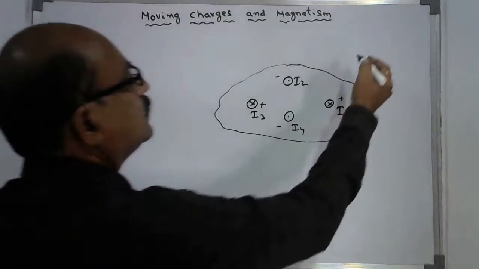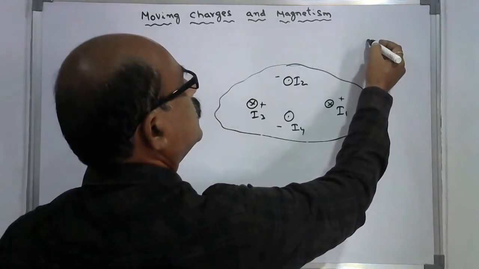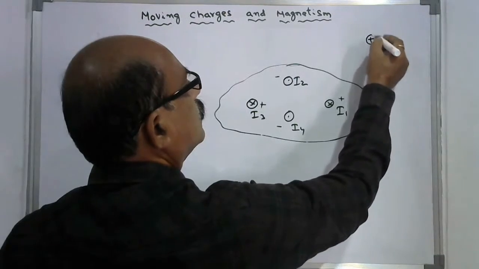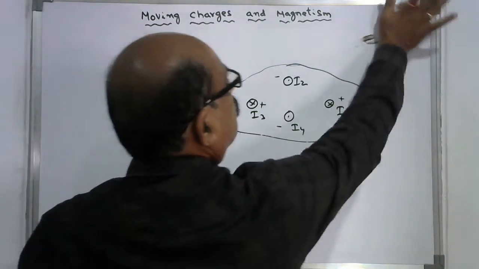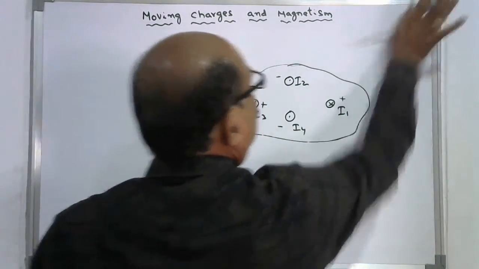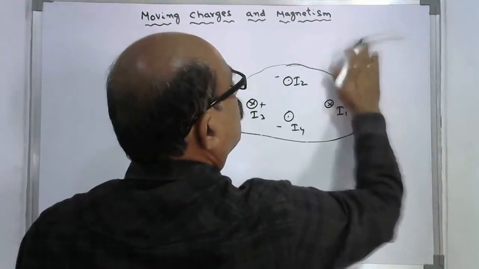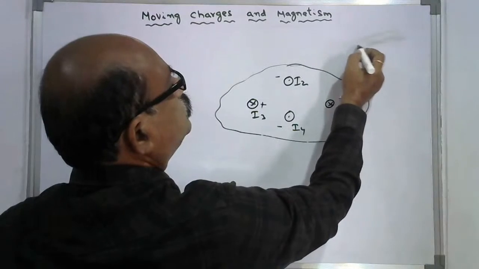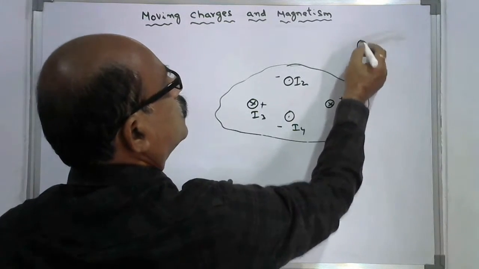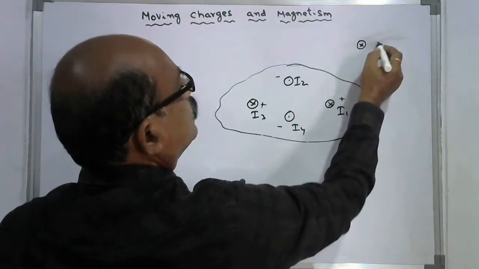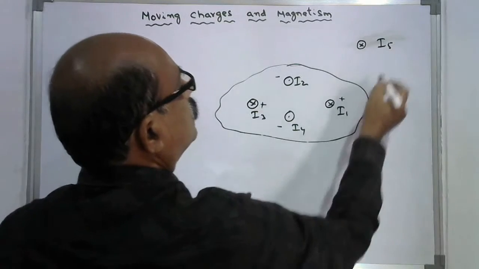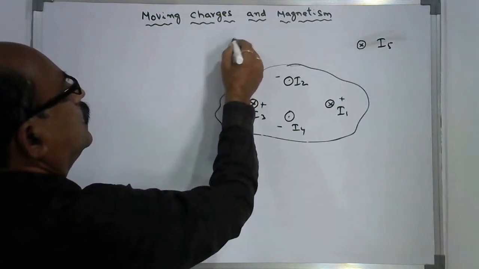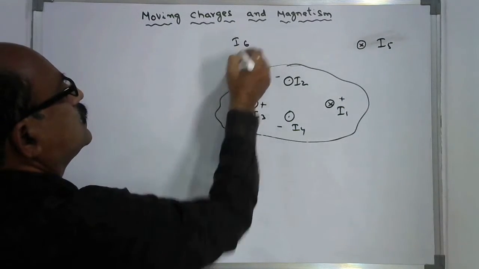And somewhere here there will be some wire going into the paper. So I write here into the blackboard, the current into the blackboard. Here into the blackboard, say some I5, and somewhere here, out of the blackboard, I write here I6.